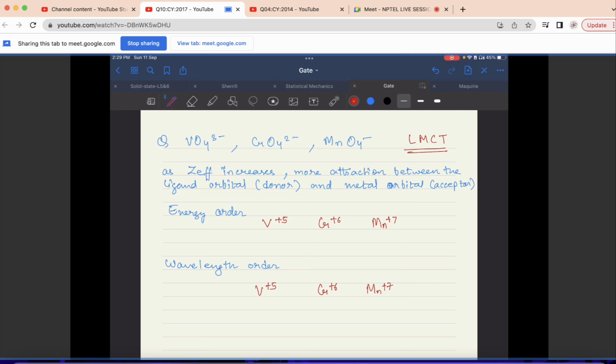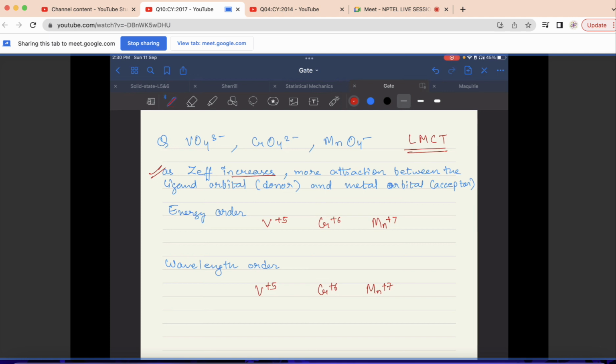Before that, we have to note that as the Z effective increases, where Z effective is the nuclear charge on my metal orbital, it will attract the ligand orbital more, correct?